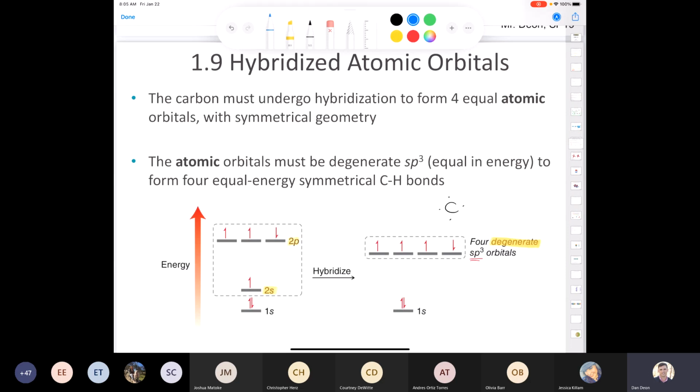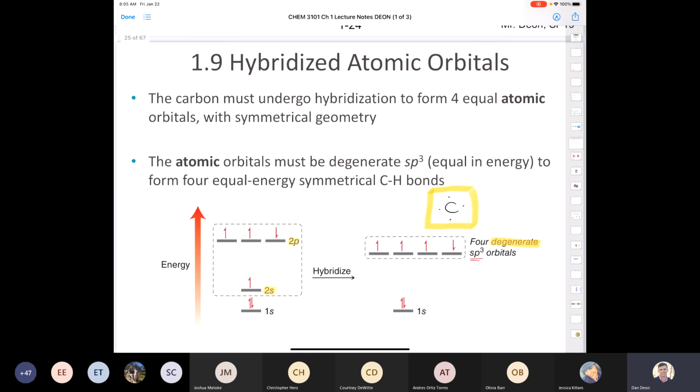And you see the 4 sp3 orbitals here, and each one of them has an unpaired electron. And that, my friends, explains why a carbon atom has 4 unpaired electrons of equal energy in the same type of orbital. And that explains why the carbon can adopt a tetrahedral geometry.